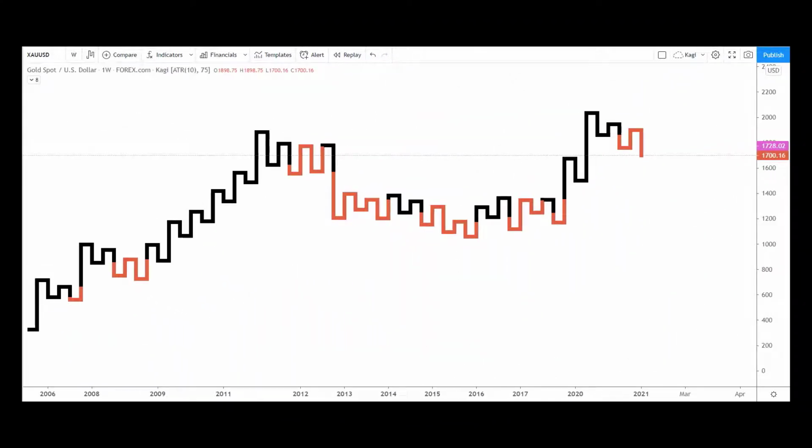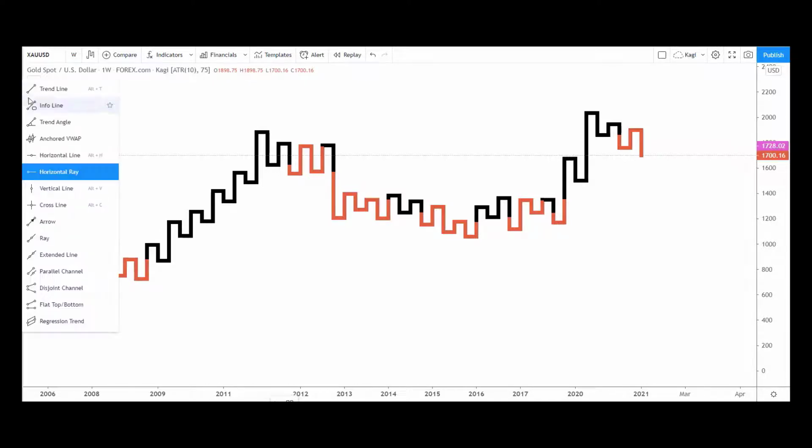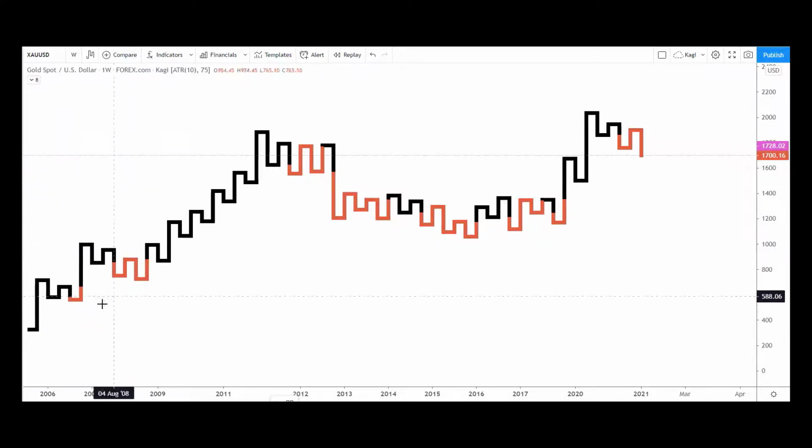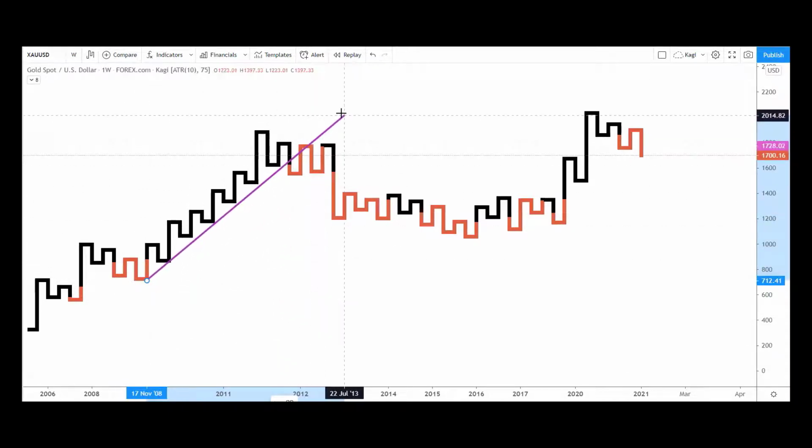So here we have a gold Kagi chart. It's actually a weekly one, so it's really long term. You can see we go back to 2006, so nearly 15 years of data. I'm just going to draw on some trend lines in a subjective type of way. So we find our trend line drawer, and for a bullish trend we could start from here, draw the trend line up, and we have a break.